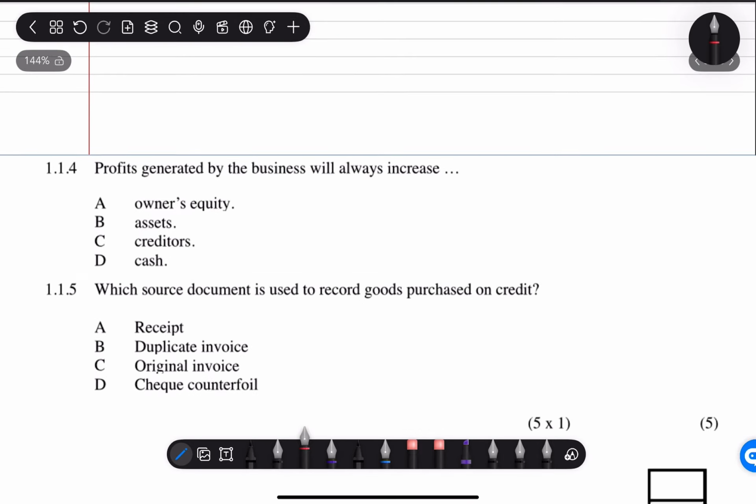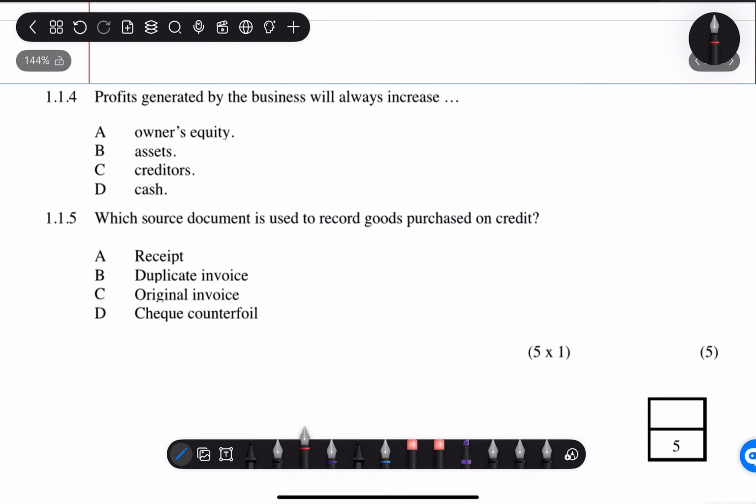Okay, let's move on to 1.1.4. Profits generated by the business will always increase. Let's go through them. Owner's equity. Remember, owner's equity is the value of the business. Assets is things we own.